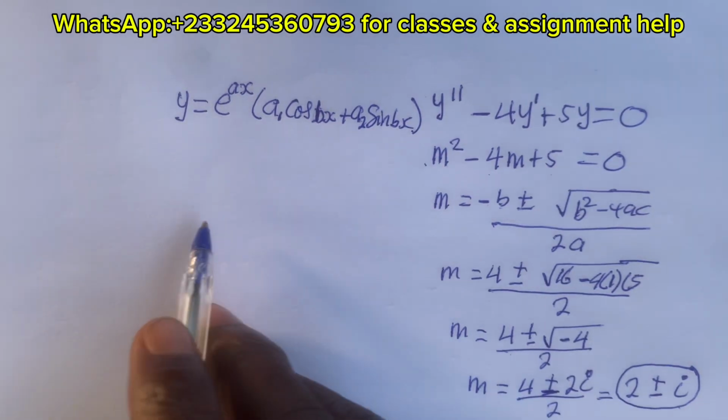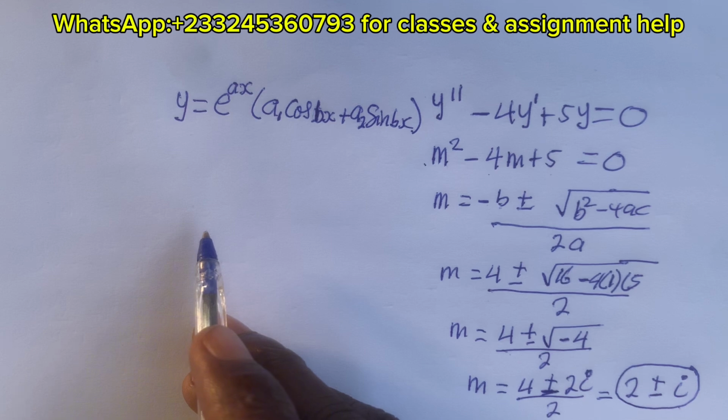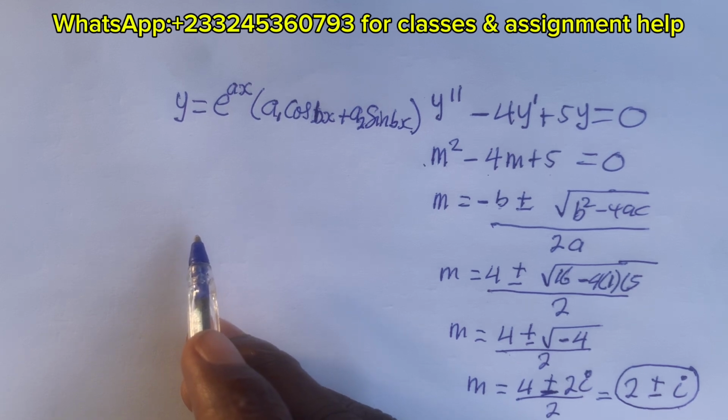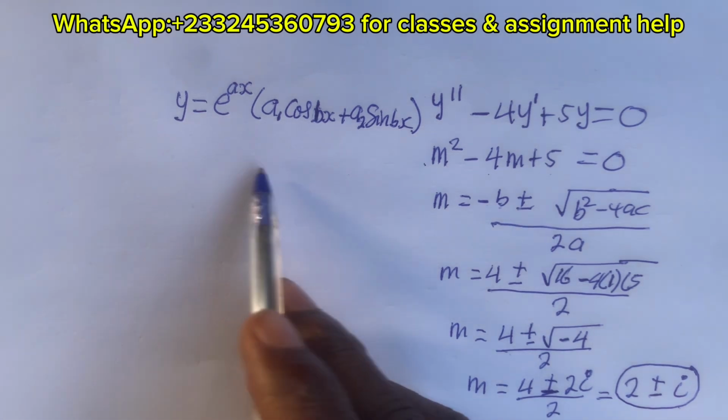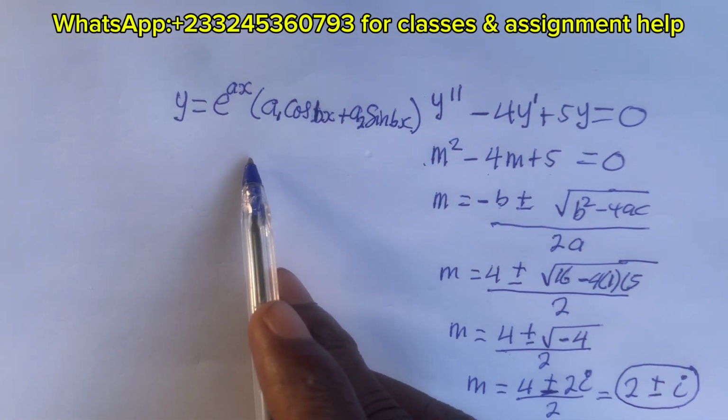So this is the general solution for a homogeneous second order ODE with constant coefficients whose auxiliary equation or characteristic equation has complex roots.